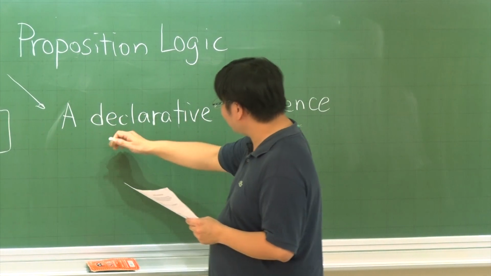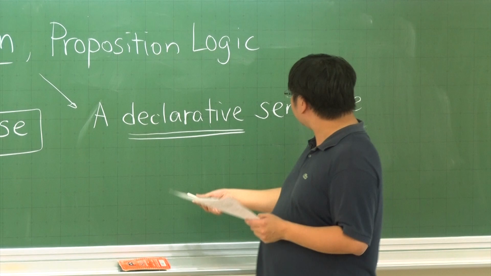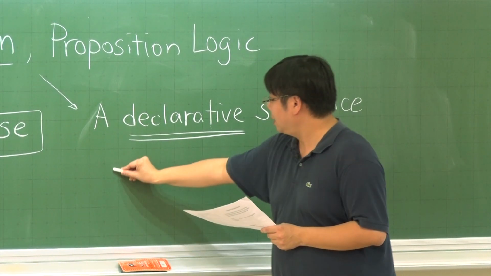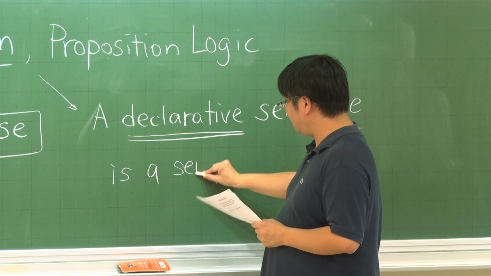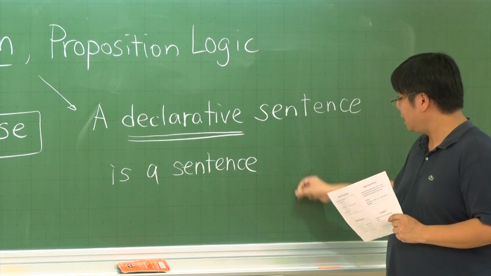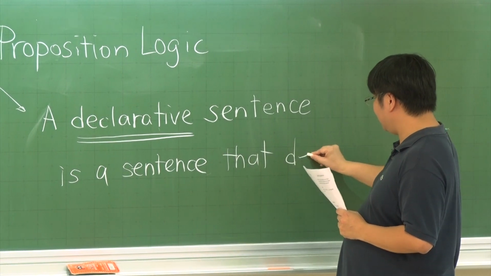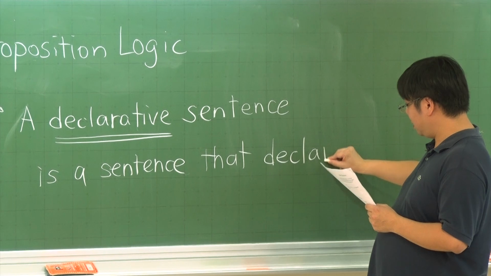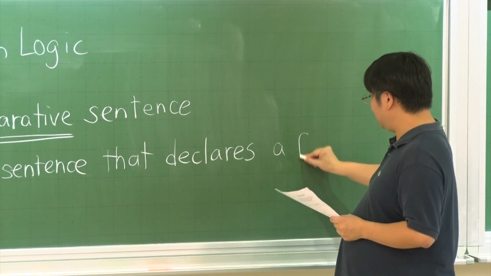I need to define what a declarative sentence is. A declarative sentence is a sentence that declares a fact.